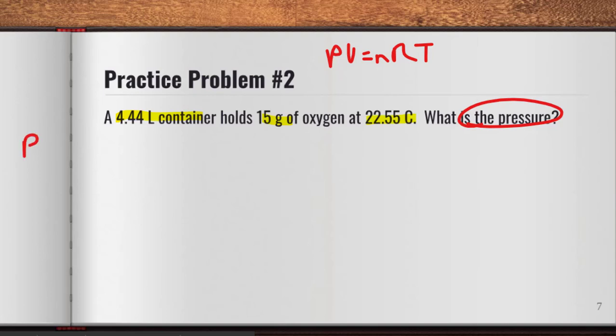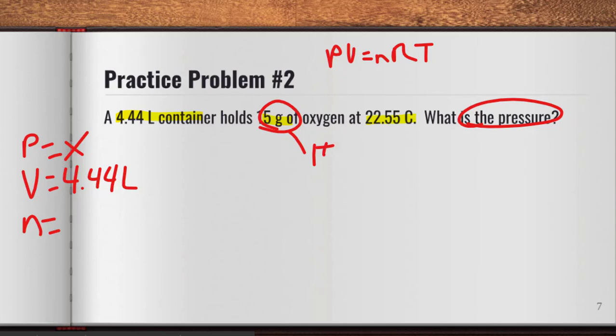So let's see what we got here. We've got P, which again is our unknown, so we'll call that X, a volume, 4.44 liters, N. Now we are not given moles. However, we are given grams of oxygen. So we need to convert that into moles of oxygen. 15.0 grams of oxygen.